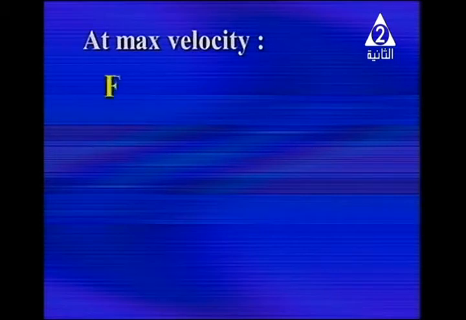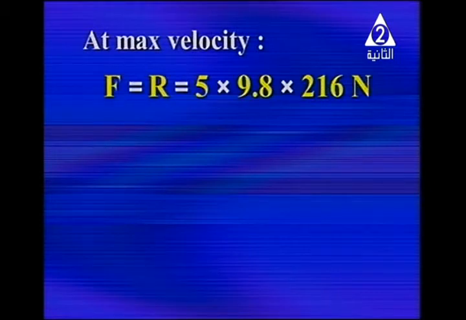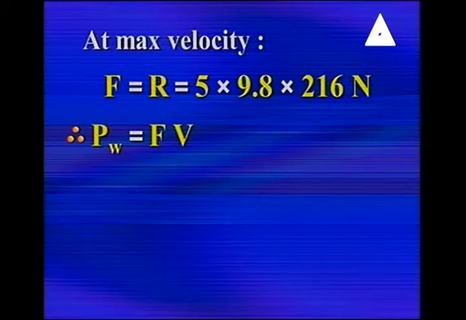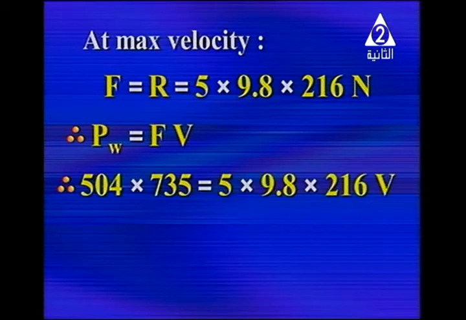At maximum velocity, dear student, we know that the force F equals the resistance R, which equals 5 times 9.8 times 216 Newton. Then P equals F times V. Then P equals 504 times 735.